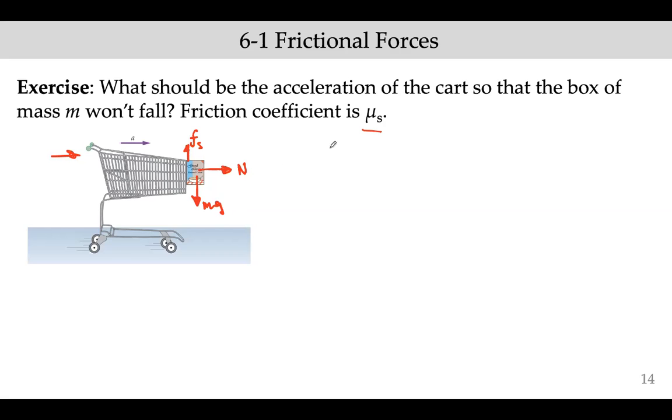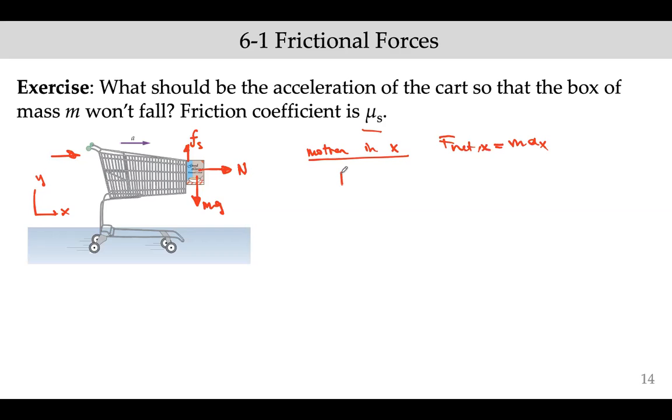So what we're going to do is write F equals ma for motion in the x direction. So F net x component equals m a x. Let's use this coordinate system, x and y. The only force in the x direction is just the normal force, right?